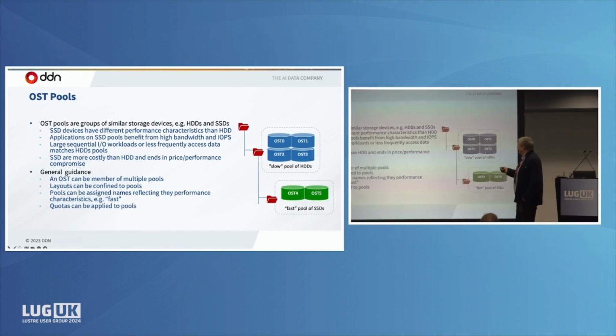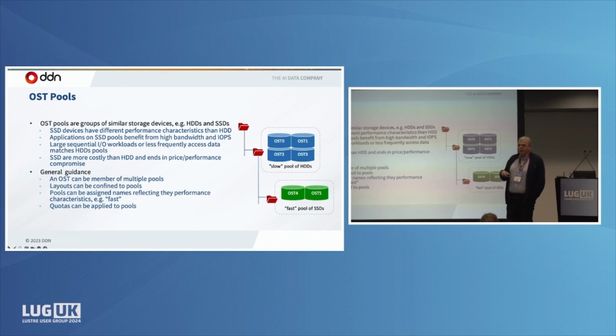So this little graphic over here, and I apologize, it's not the best graphic, shows that at some point in your directory path, if you reside in your folder and you want to put a stripe characteristic, at this point, you can say all the files in this directory will be consumed by the slow pool. This slow pool is a pool of hard drives.